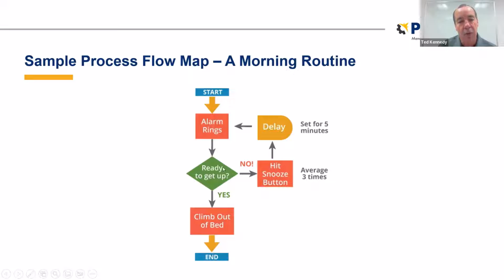So it loops around until they decide, yes, I'm going to get up, and they climb out of bed. That's the end of the whole process. It's just a certain activity that we're mapping out. You cannot map out everything in your company at one time, so just a specific process is what you're studying, something that you need to improve.